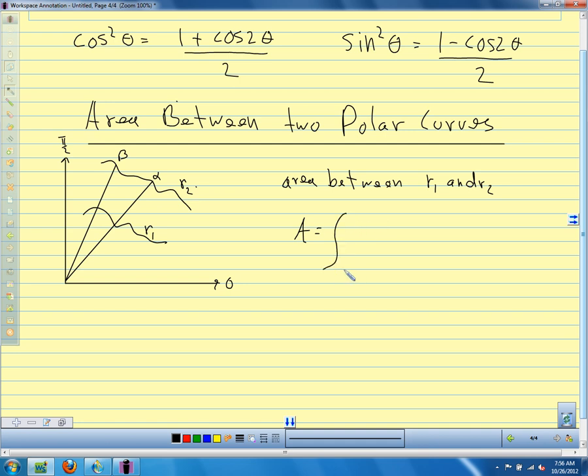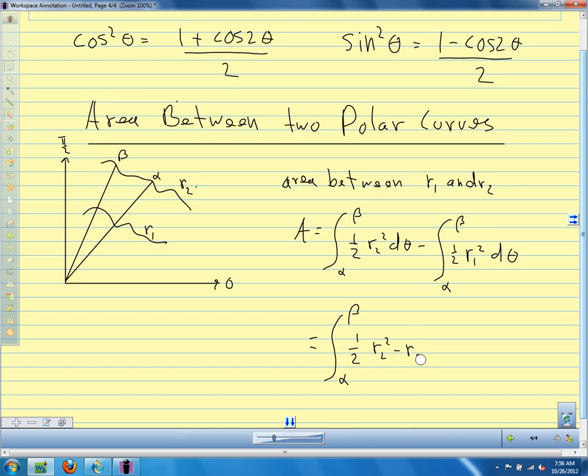The integral from alpha to beta of 1/2 R2 squared d theta, minus the integral from alpha to beta of 1/2 R1 squared d theta. And I can simplify this and just write the area as the integral from alpha to beta of 1/2 times R2 squared minus R1 squared, d theta.